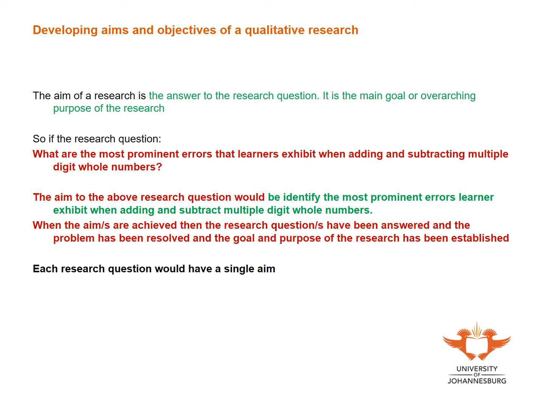And the main aim of the study would be an attempt to provide a solution to the research question. So each research question would have a single aim. We need to make sure that that is established.